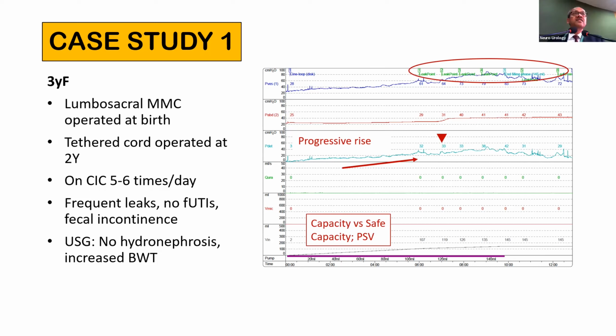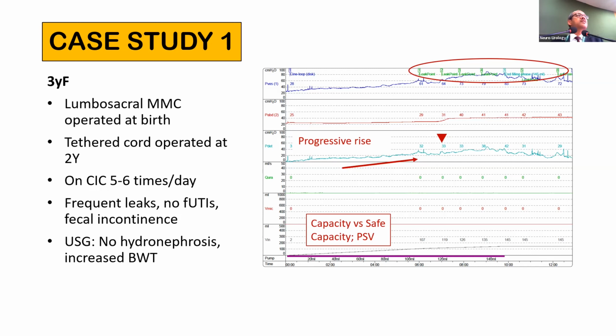In terms of her capacity, while the capacity looks okay, you need to look at what we call the safe capacity. If you see the pressures in this curve, they are going up well beyond 30, 35 centimeters of water. While we do not have good cutoffs as to what constitutes safety, we do know what's unsafe.